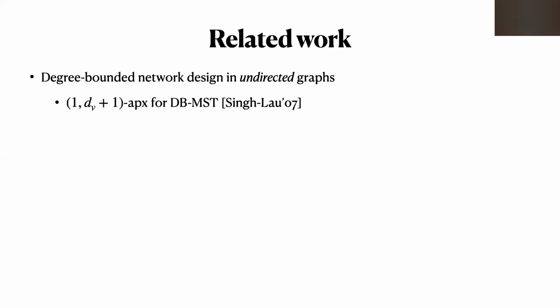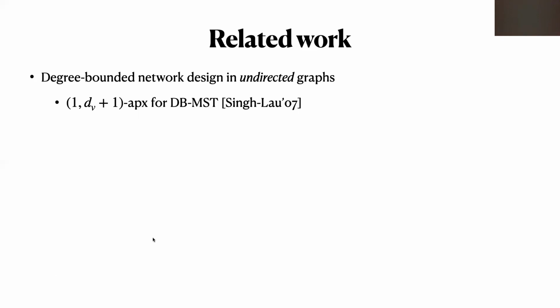There are a lot of related works for degree-bounded network design in undirected graphs. The most famous one might be the result for degree-bounded minimum spanning tree problem, and the result is by Singh and Lau in 2007. They gave a bicriteria approximation using iterative rounding.